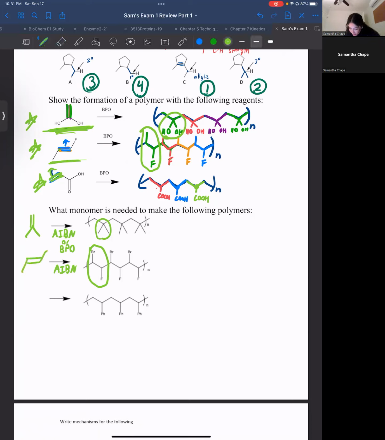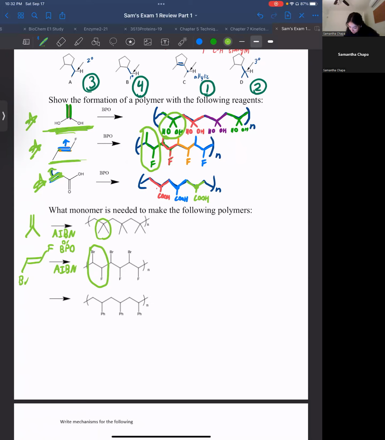Okay. On one side I have my Br, and on the other I have my fluorine. Again, it doesn't matter if you chose to put your Br down here or your fluorine down here, because it's very arbitrary. As long as you have your bromines on the top side or on the bottom side, keep them all on the bottom side, and the other substituent all on the top instead of alternating.